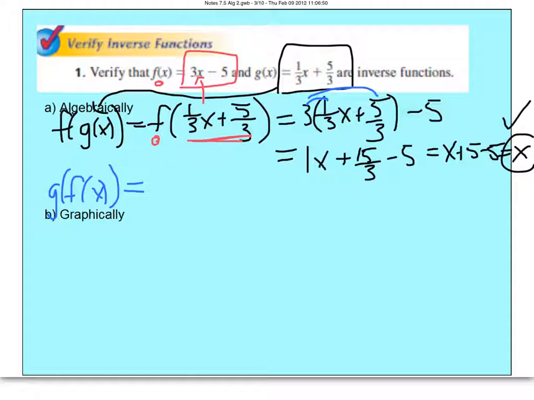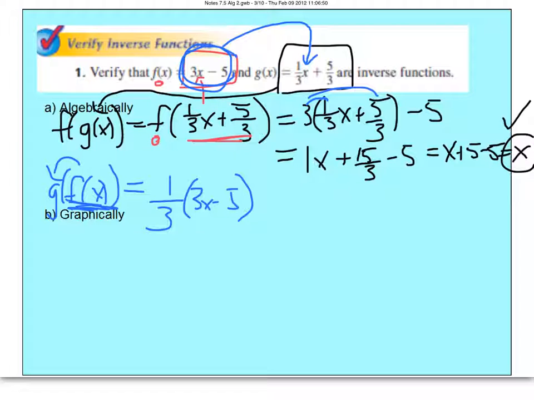I'm going to take the f function here, and I'll just shortcut this one. So it says eyeball the f function, which is right here. Take that and go plug it into the g function. So I take this, and I look where the x is in the g, and I put it right there, and I substitute. So instead of 1/3 x, it's 1/3 times 3x minus 5 in parentheses, and then plus 5/3.